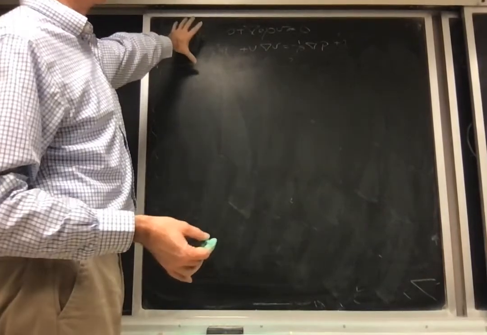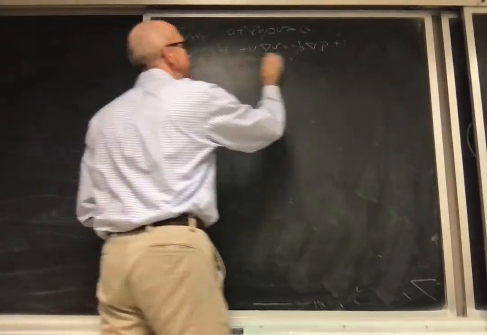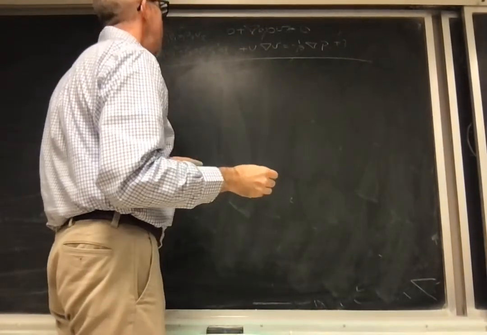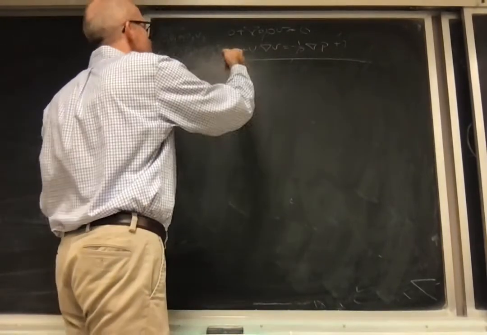So Rankine-Hugoniot jump conditions are one. This other one is another technique.